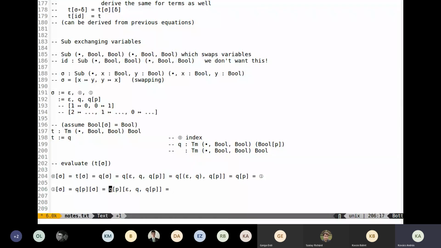So there is a homework equation which says that repeated term substitution is just substitution with composed substitution. So I mentioned it as a homework. So we can rewrite this as follows.